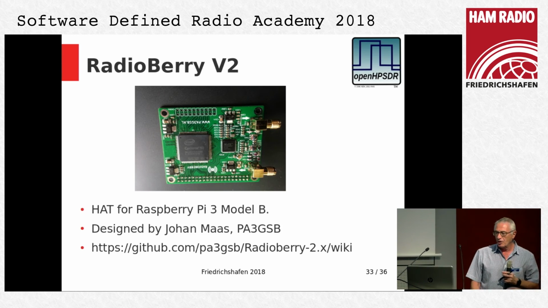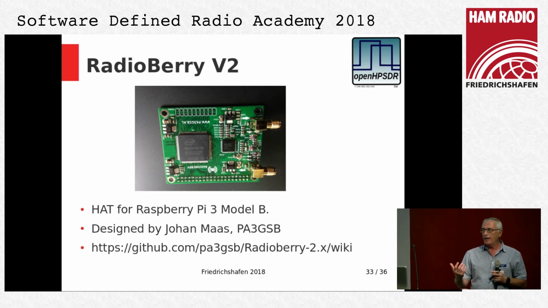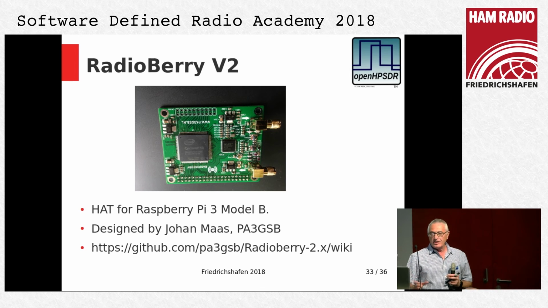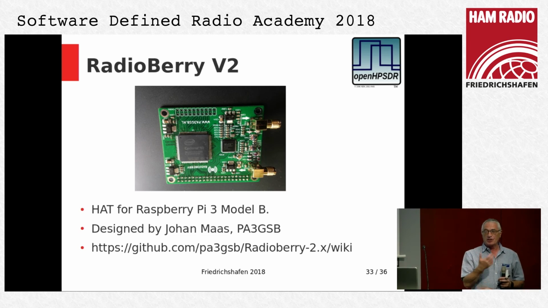This is just a simple little hat for the Raspberry Pi, and it's basically a HERMES Lite on a little card. Is Johan here? Ah, there he is. Okay, we haven't met yet. Johan at the back, he's been doing or designed this card, and he's been making changes to piHPSDR and giving them to me so that we can support it.